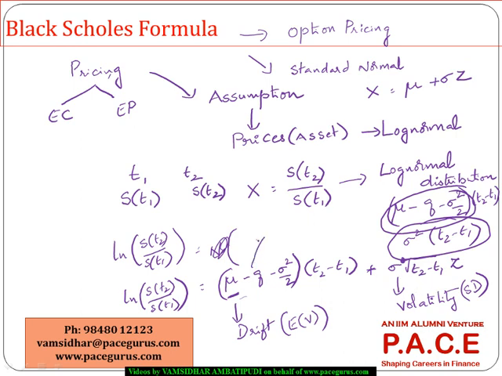And Q is like a continuous dividend that is typically paid by the asset, and of course in some cases when the asset pays no dividend, I can very well take Q as 0.